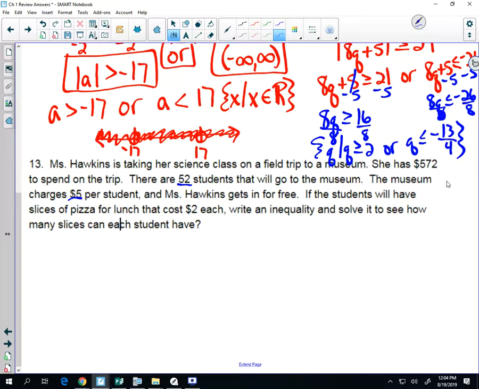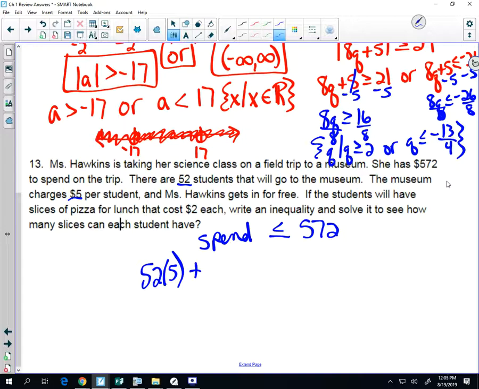So like think about what we're going to spend. So this is like what we're going to spend on this side has to be less than or equal to how much money she has, right? Total amount. So she's going to spend 52 students times $5 a piece.